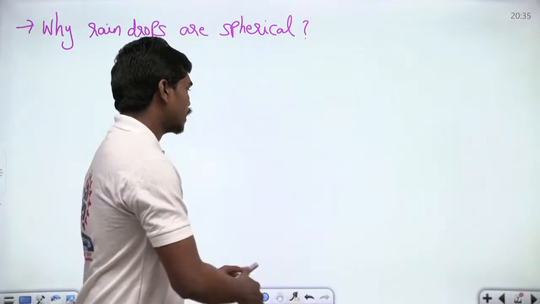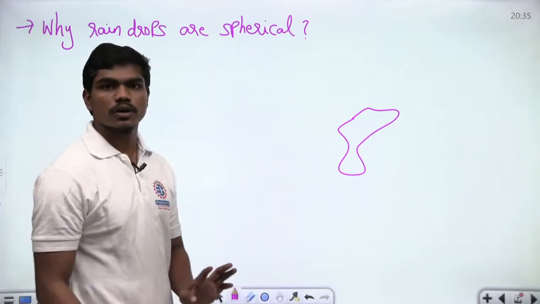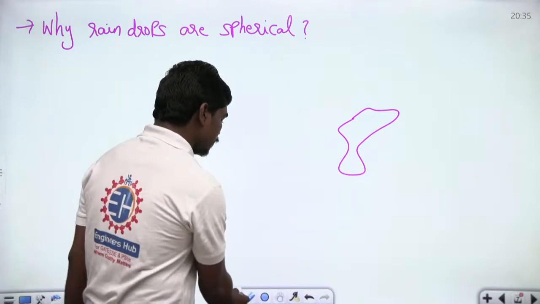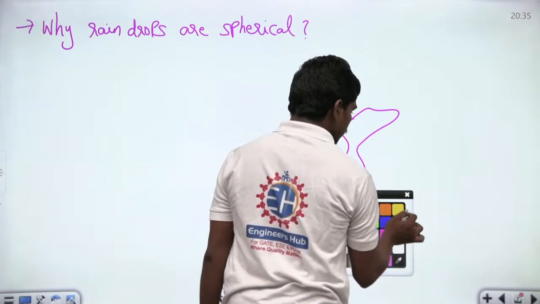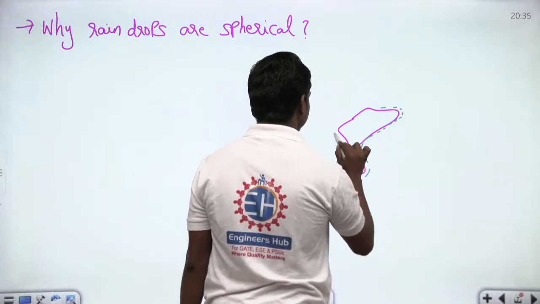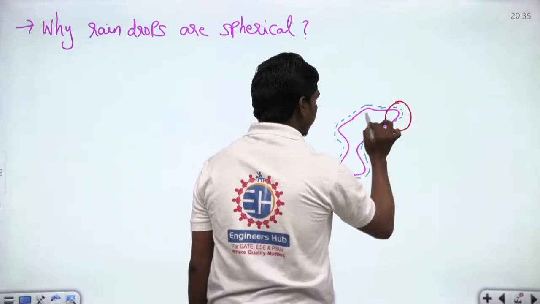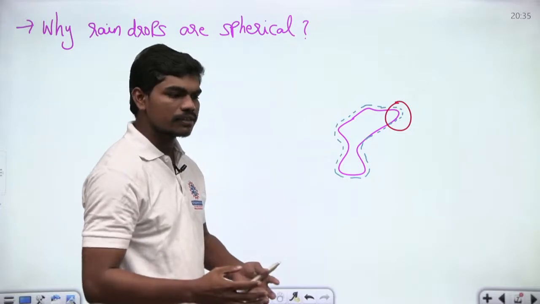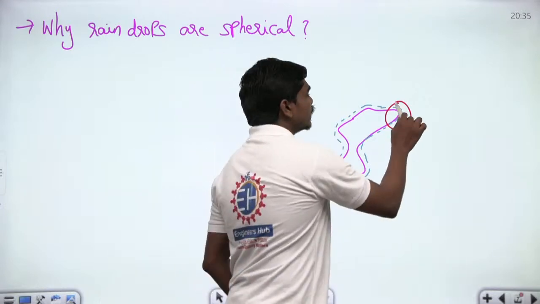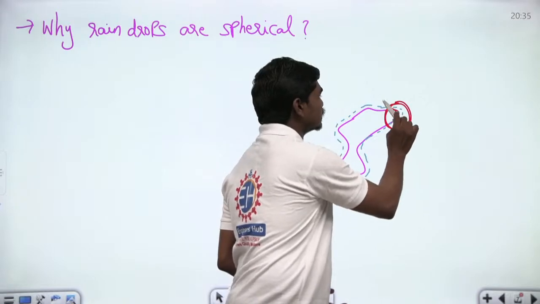Okay, good. Look, normally let us suppose this is the shape of a raindrop initially. Whenever this liquid is traveling in air, there is definitely some interface. If you take this locality, then because of the surface tension, this surface is subjected to stretching.